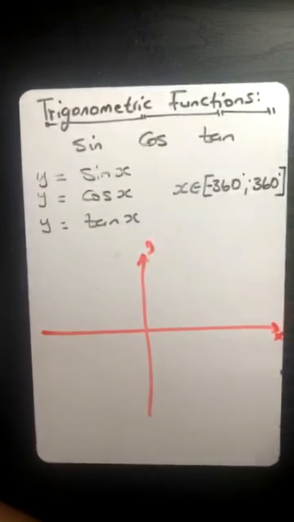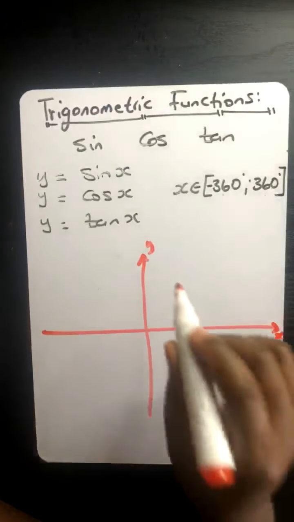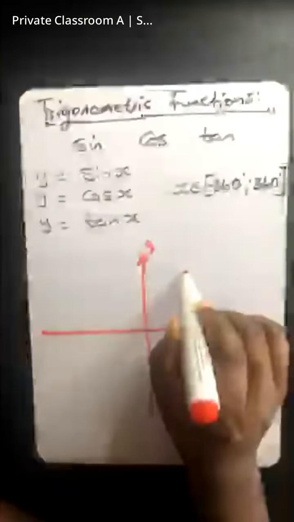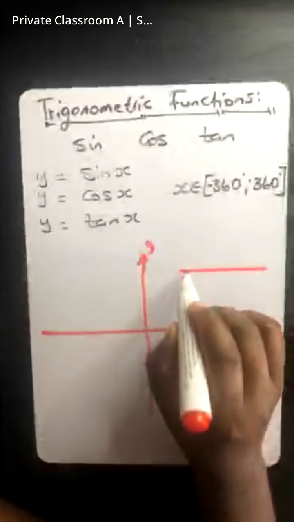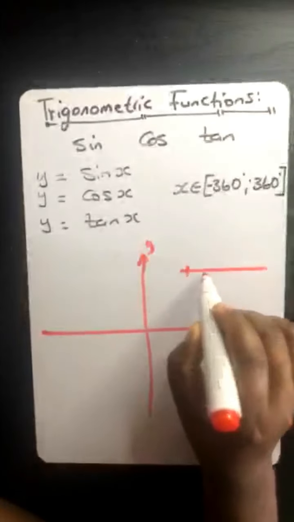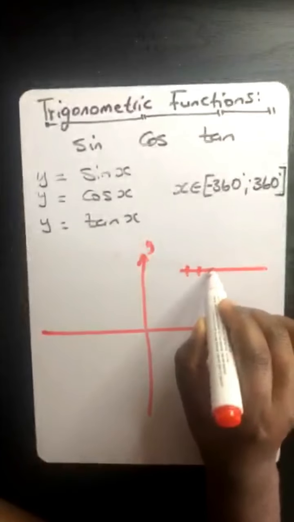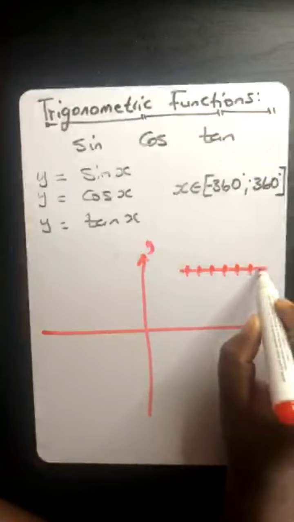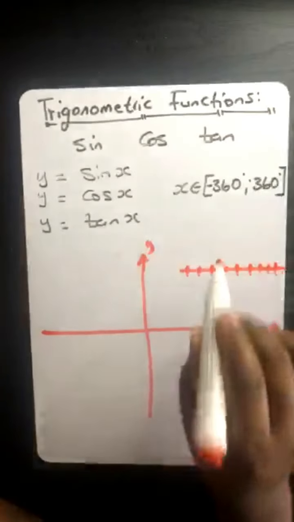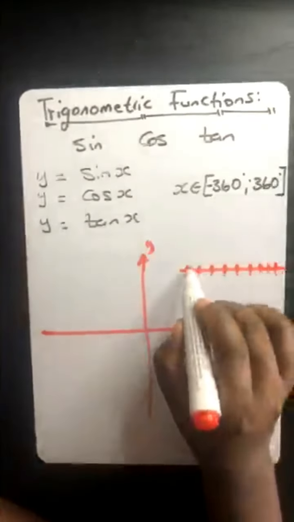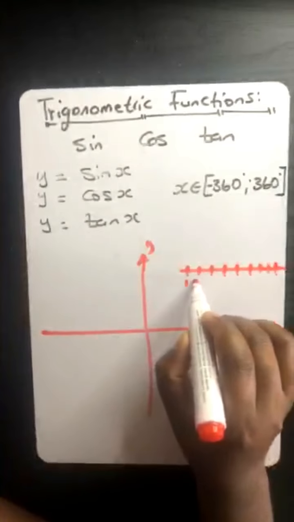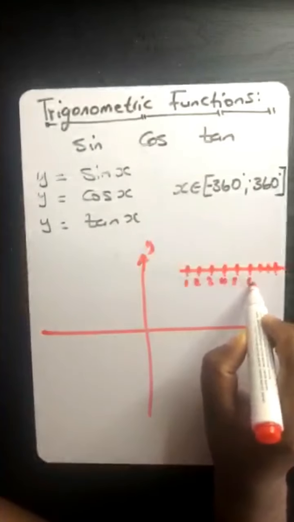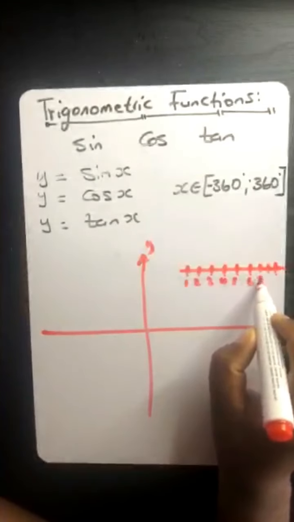For example, Chumi, let me try and make it simple. Say we have an interval of 1, 2, 3, 4, 5, 6, 7, 8, 9.